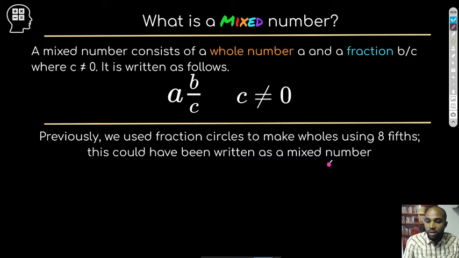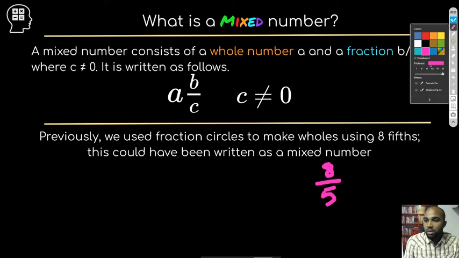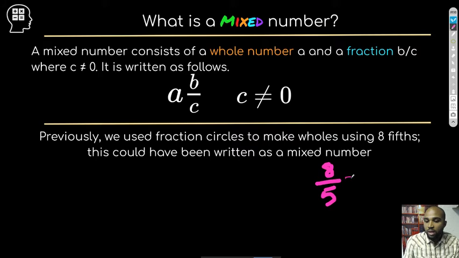We could have written it a different way, with a whole number here. In this case, it would have been 1 3/5. These are both the same thing, and you'll need both when solving problems. So let's get to it and find out how to handle both of those.